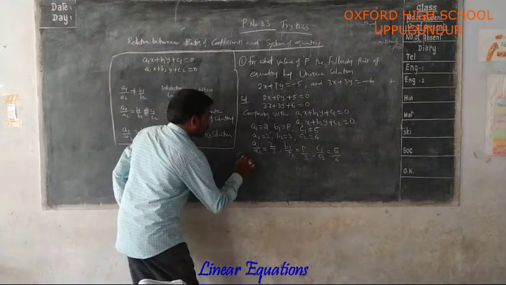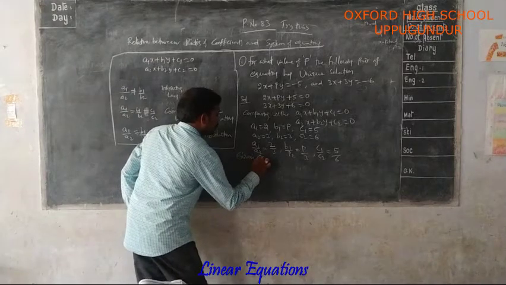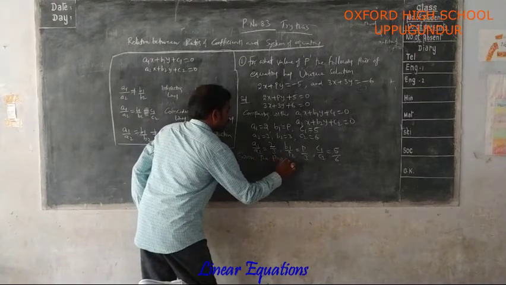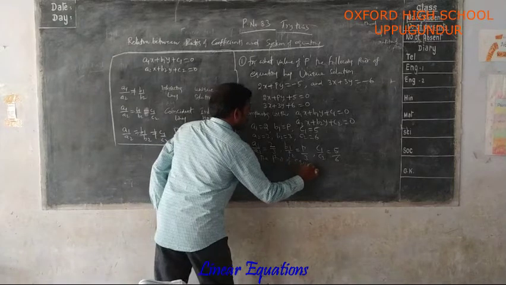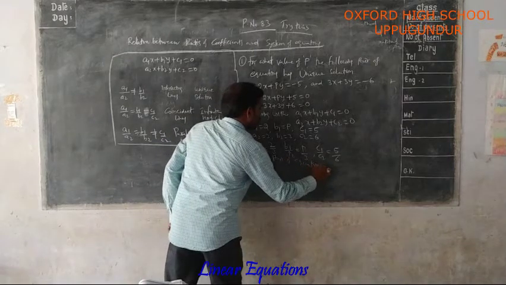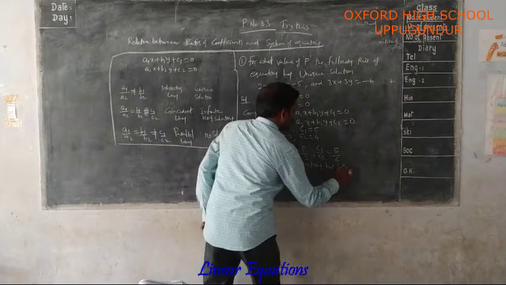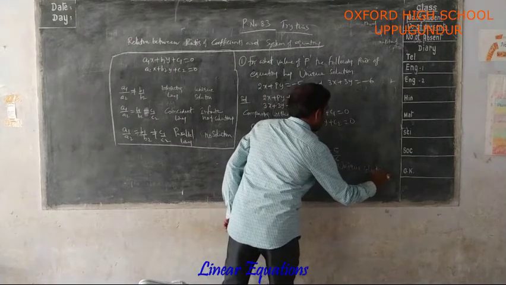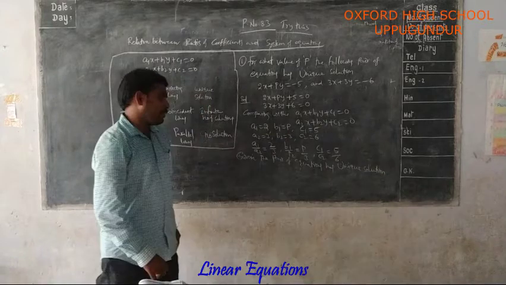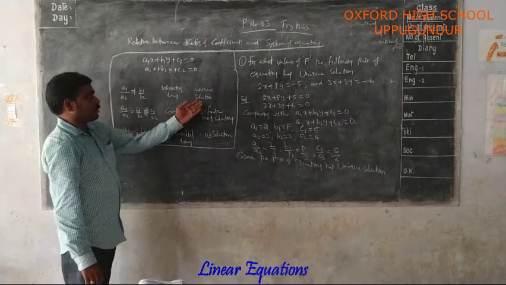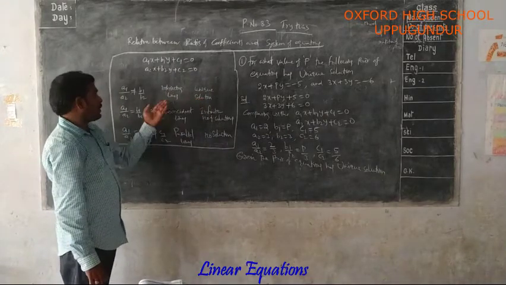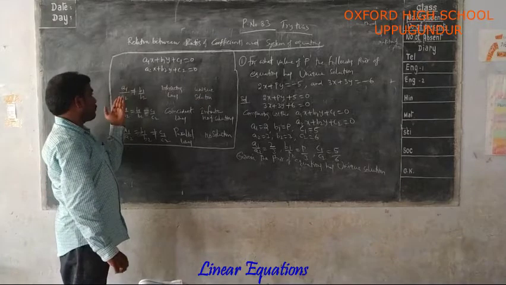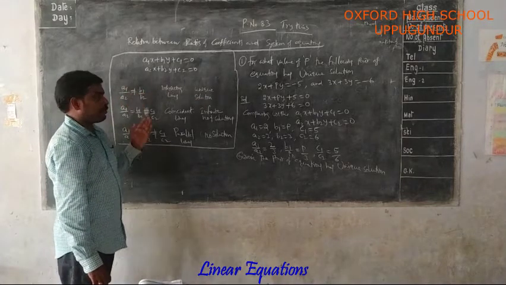So if the pair of equations has a unique solution, then what is the condition we have? a1 by a2 not equal to b1 by b2.